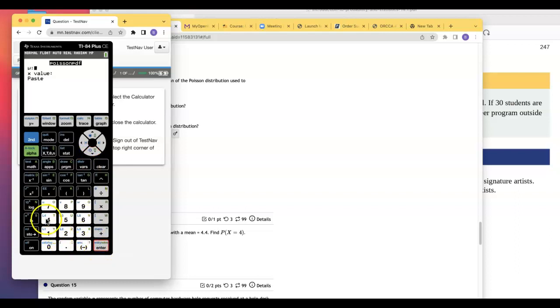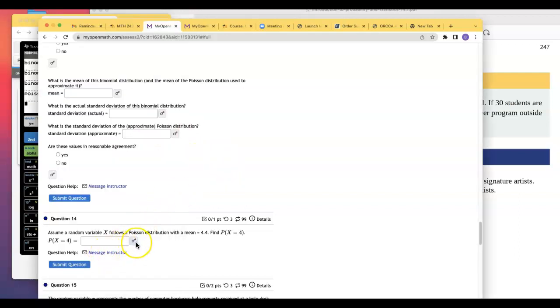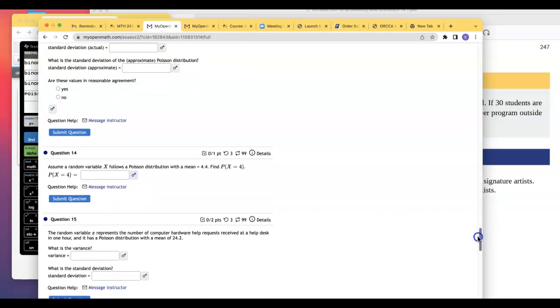The average is 4.4 over time, and you want 4. Okay, so this would be the probability of that. So in this case, 19%, 0.1917. 0.1917 is what they have. Okay, so the calculator will calculate Poisson distributions.